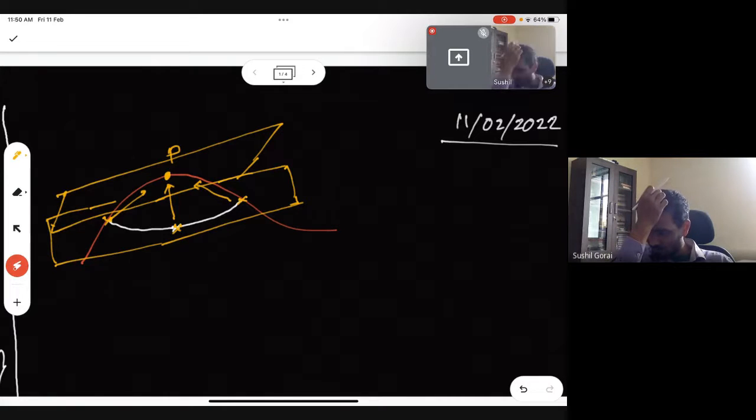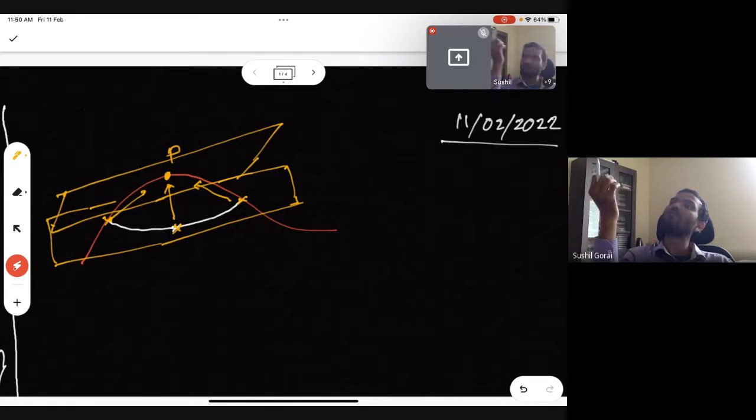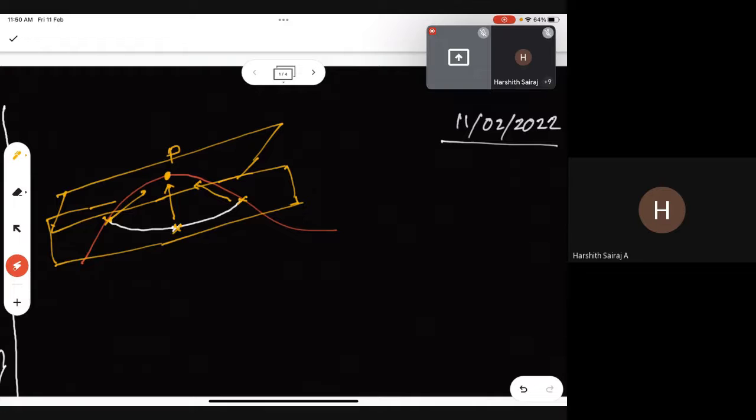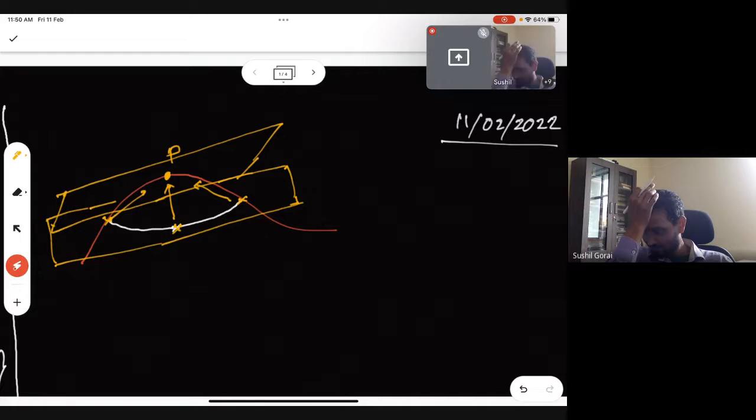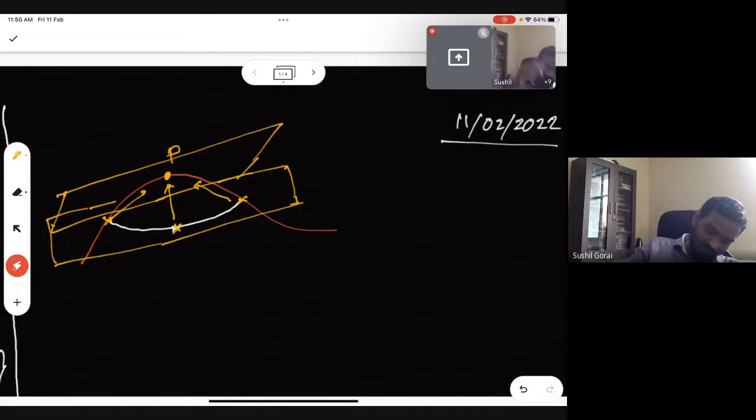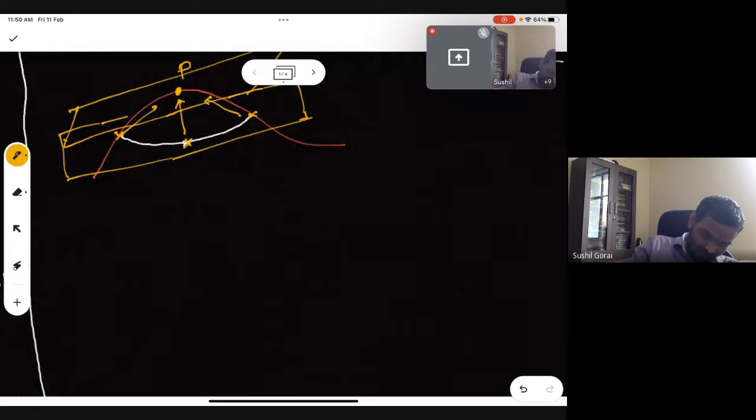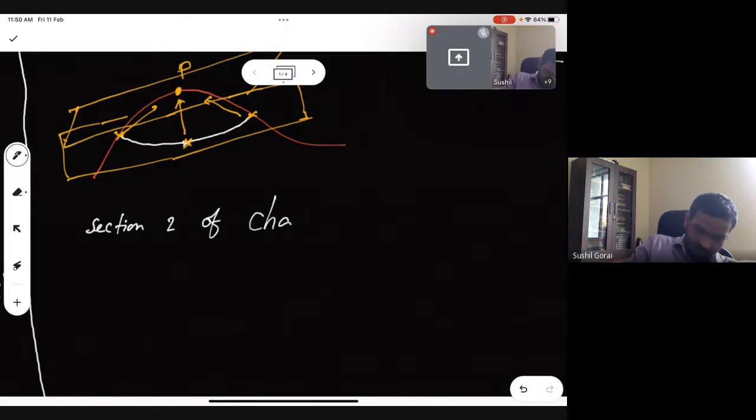So anyway, I told you to read chapter 1. Has anybody read section 2 of chapter 1? I read, sir. Yeah, so that would be our next thing. So here in section 2 of chapter 1, those who have not read, please read it, here of Tu's book.